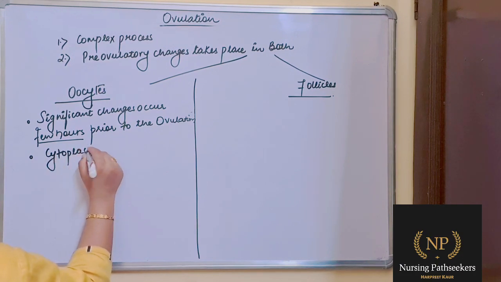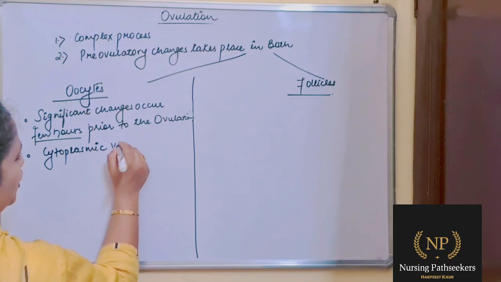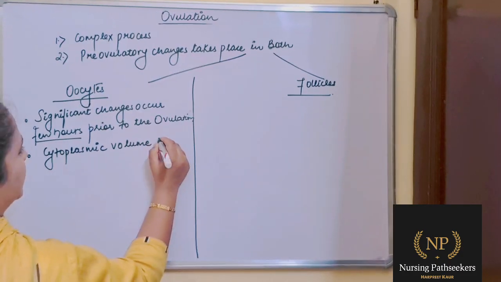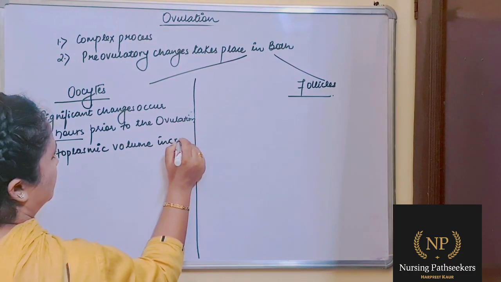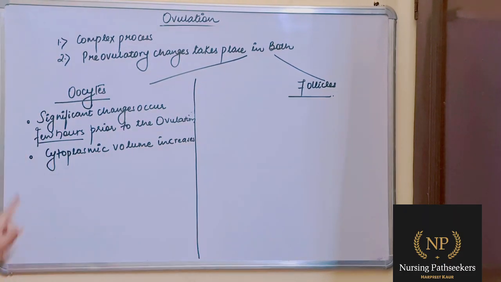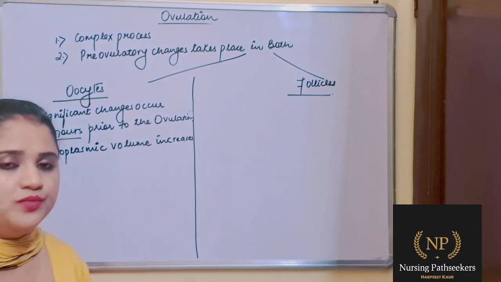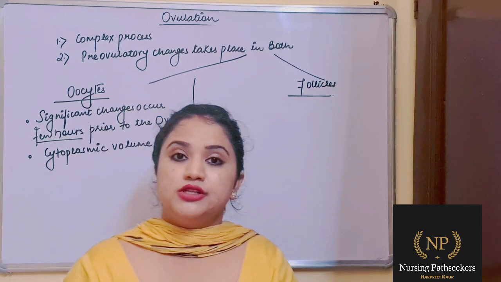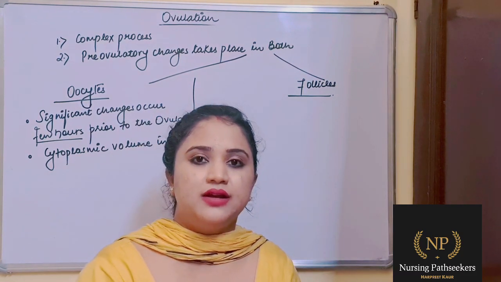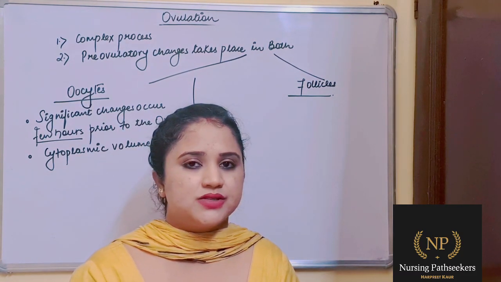And the second thing, cytoplasmic volume increases, right? Cytoplasmic volume increases, and there will be also changes in the number, size of mitochondria as well. Right?